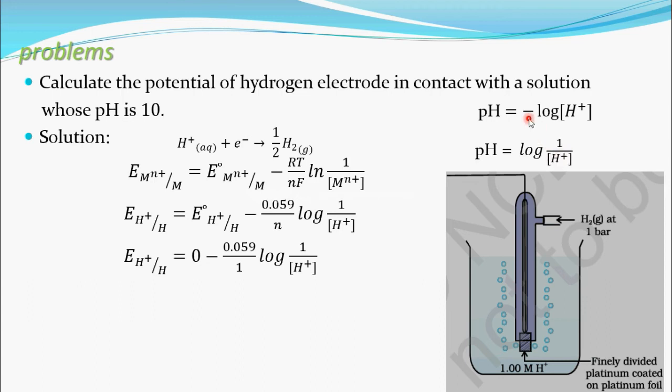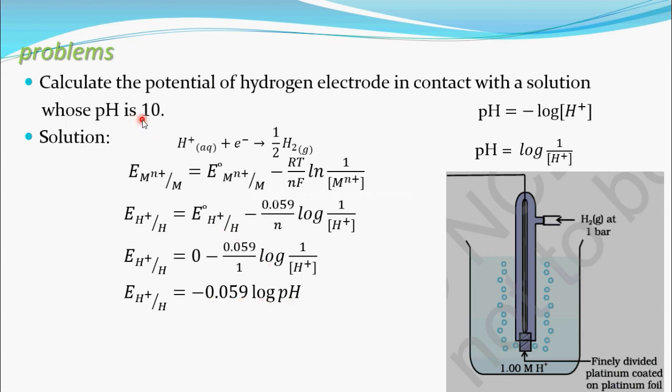If you take the minus to this side, it becomes this term to the power minus 1, and power minus 1 means 1 by concentration of H plus ion. So you can replace this term by the pH term. So the reduction potential of hydrogen equals minus 0.059 into pH.